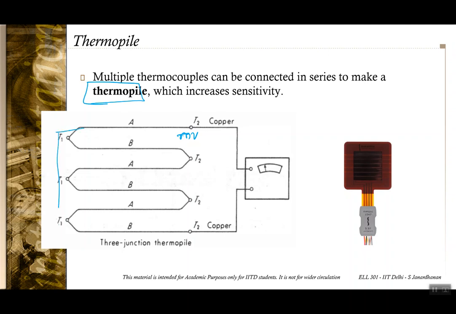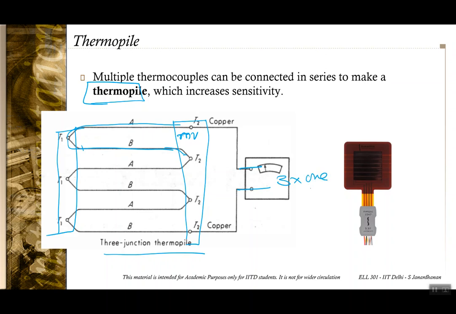So all these hot junctions are at the same temperature, all these cold junctions are at the same temperature, and the metal strips are connected alternately. So here you have a 3-junction thermopile, or 3 thermocouple junctions, which would mean that the output here would be 3 times the output of one thermocouple. And basically this would mean that the sensitivity is going to be increased.